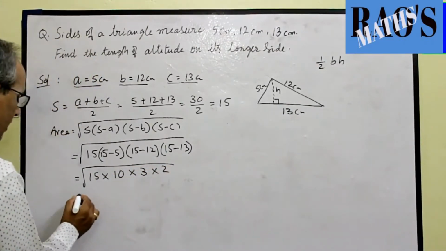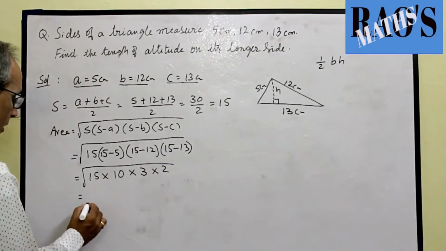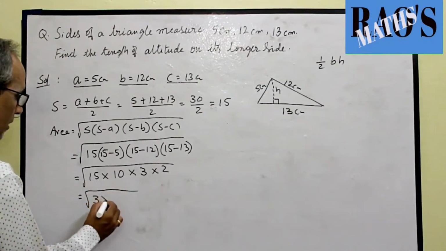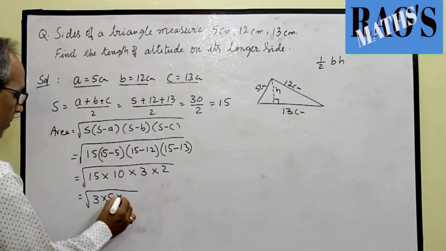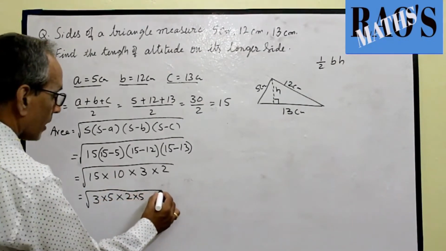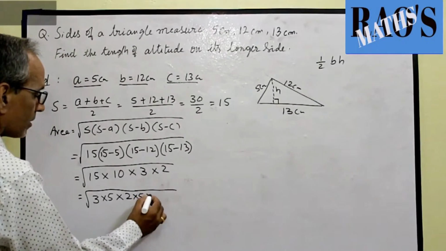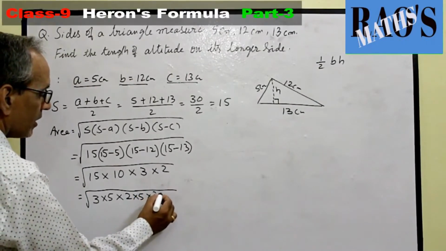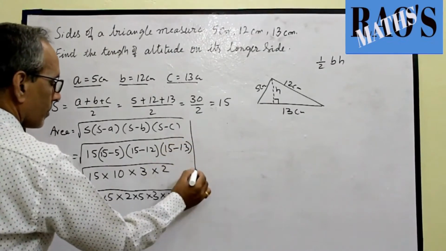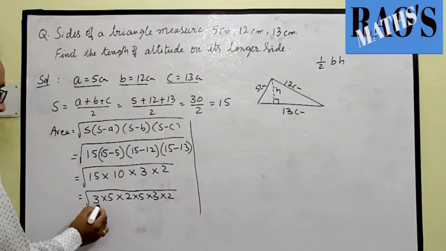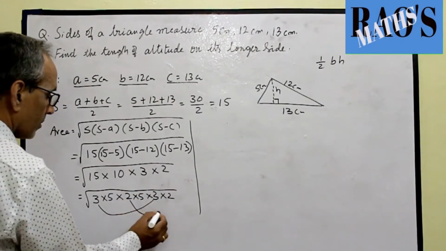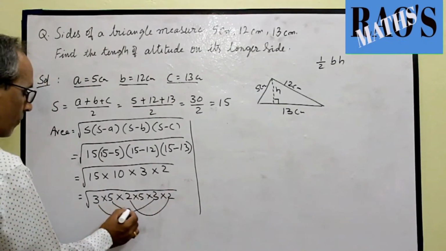Let me factorize each composite number here. Root 15 factors to 3 into 5, and 10 factors to 2 into 5, and since 3 and 2 are prime numbers, I copy them as they are, 3 into 2. So on the whole, I have here a pair of 2's, a pair of 3's, and a pair of 5's too.